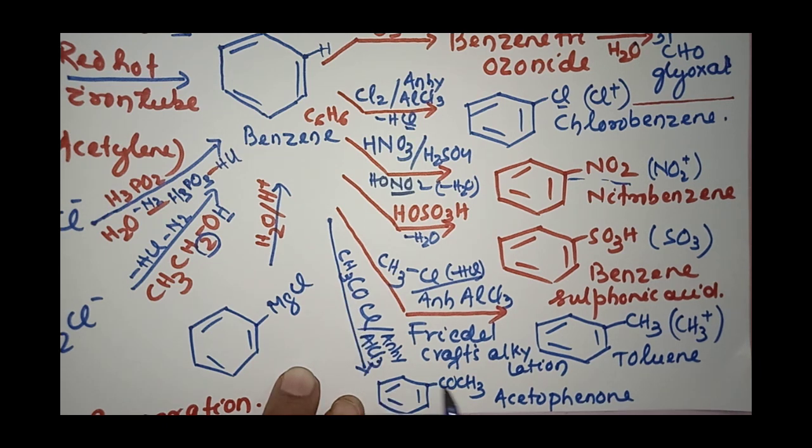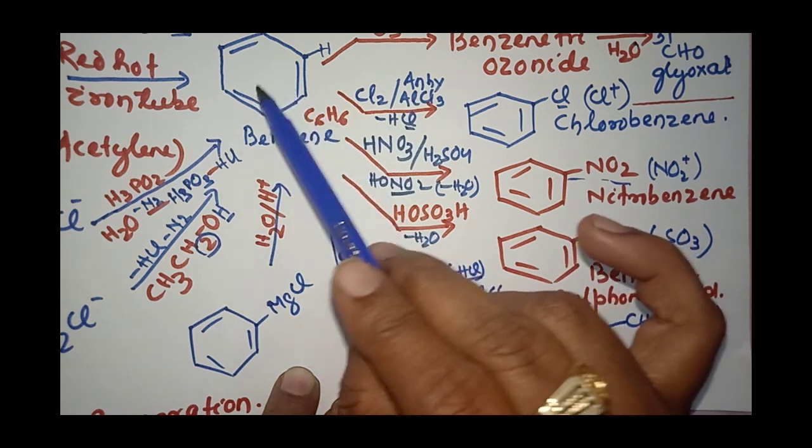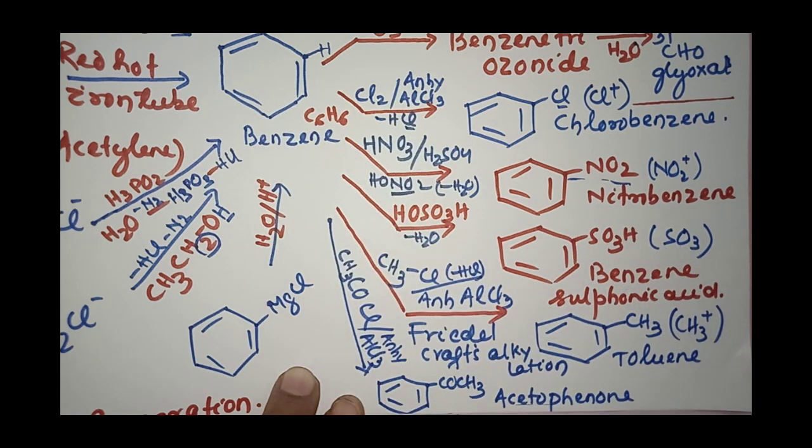Then Friedel-Crafts acylation. You see, CH3COCl in presence of anhydrous aluminum chloride reacts with benzene ring, produces acetophenone. This is aceto group, acetophenone. This is Friedel-Crafts acylation. The previous one is Friedel-Crafts alkylation, and this is Friedel-Crafts acylation.